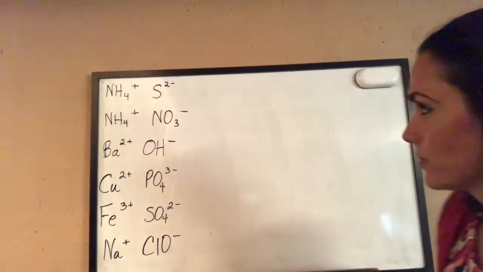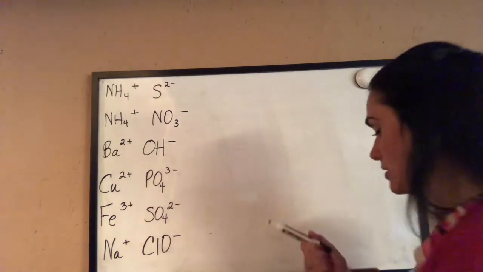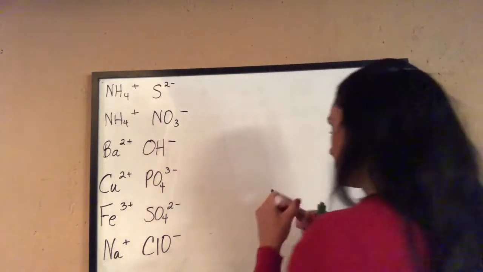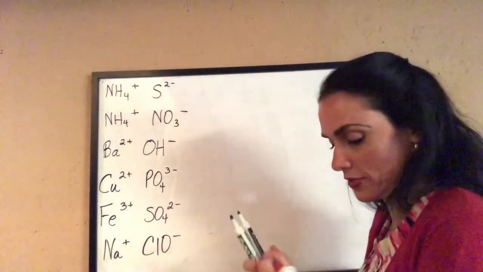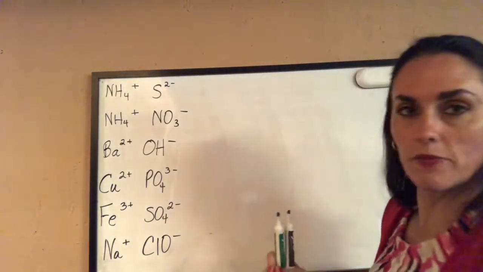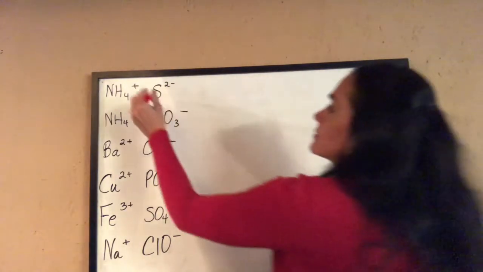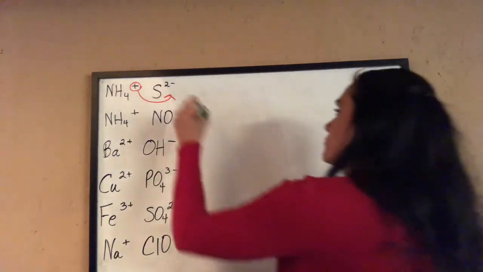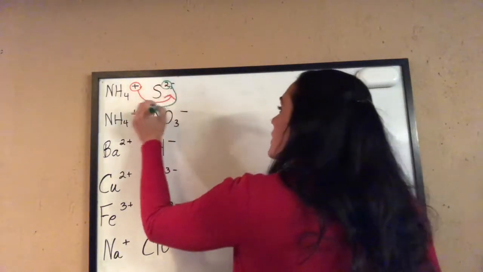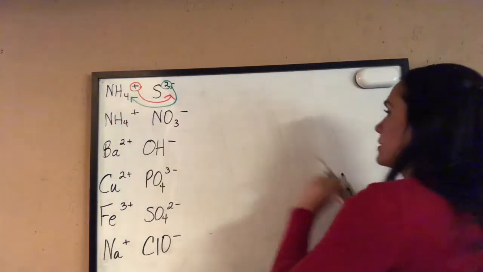Let's see by example, as that will help emphasize the rules. The 1 from the ammonium ion will come as the subscript to the sulfide ion. The 2 from the sulfide ion becomes a subscript to the ammonium ion.